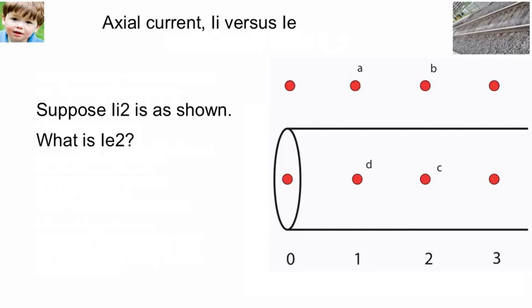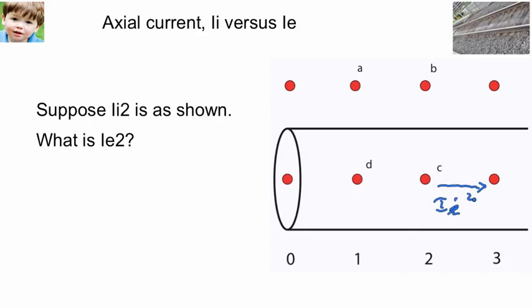We want to look at the relationship between the intracellular current and the extracellular current. Suppose I draw on my figure the intracellular current for segment 2. So let me draw it right here. I'm going to label that I2, intracellular current for segment 2.